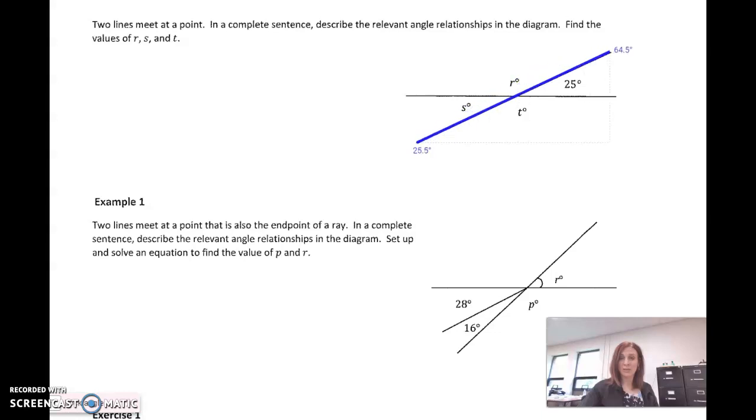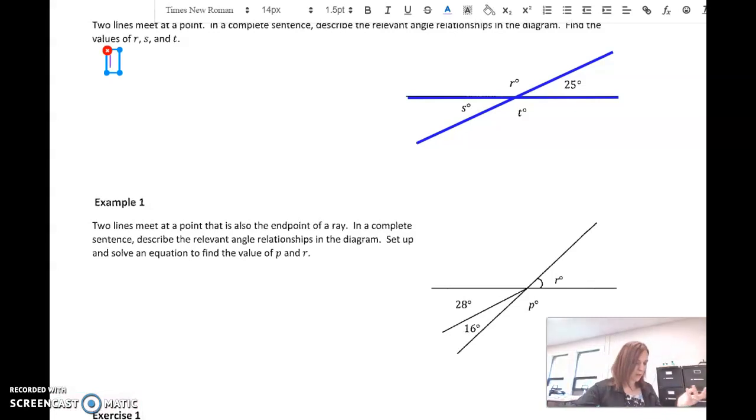Vertical angles occur when two lines intersect. So if we look here, we have two lines intersecting. I'm not going to worry so much about being a complete sentence. I'm going to say, vertical angles are congruent. That's what I'll say.